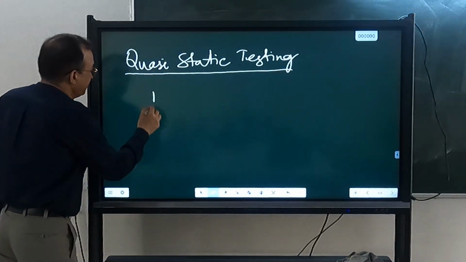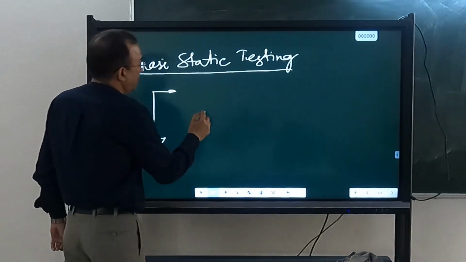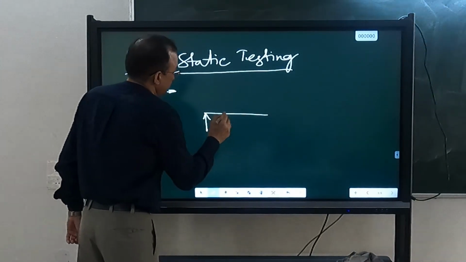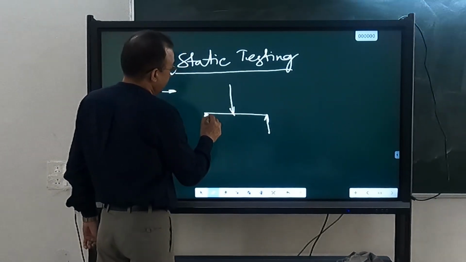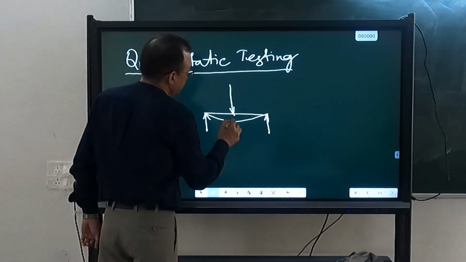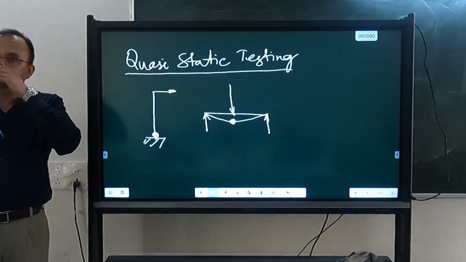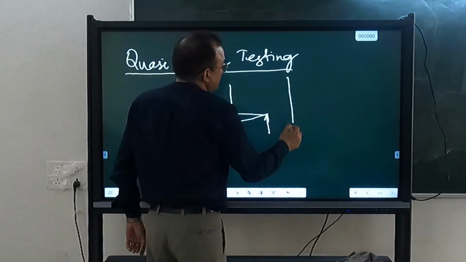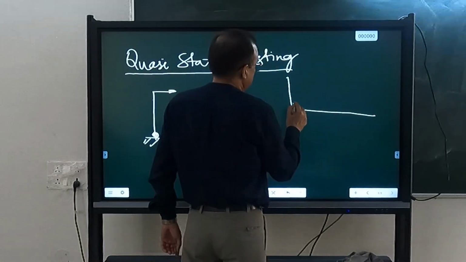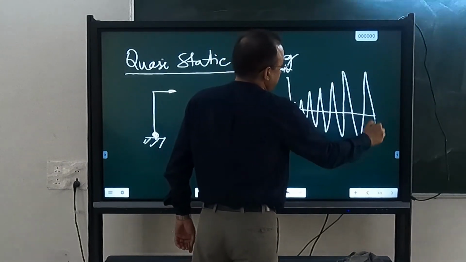In quasi-static testing, either we test a column or a beam in such a way that when it is bending like this, here the plasticine will form and here the plasticine will form. And we will apply this displacement like this.